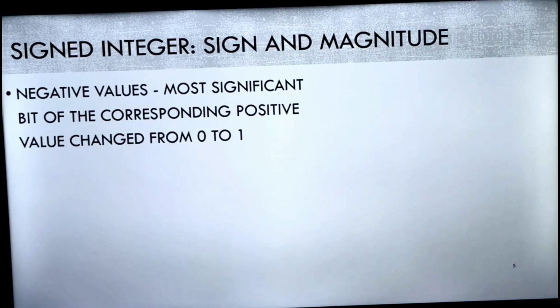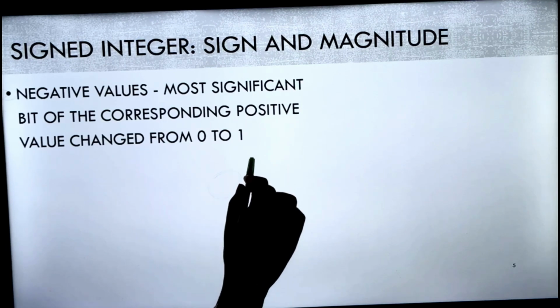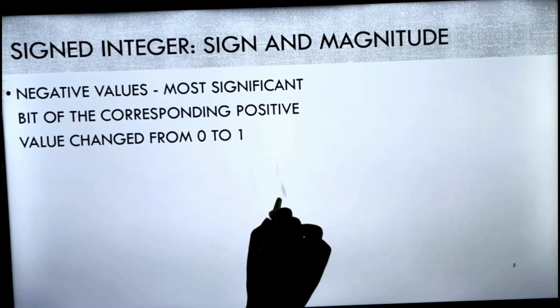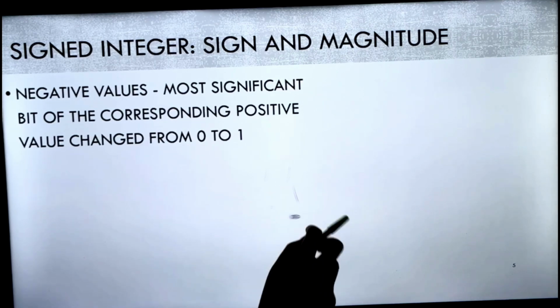I asked you to convert the decimal number 3 to a binary number. How will you convert? Forget about signed or unsigned. What will you do? You will take 3 bits. 3 is nothing but 0, 1, 1. Right? 0, 1, 1 is your 3.